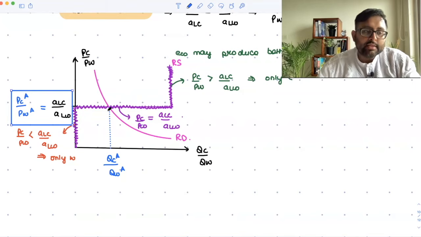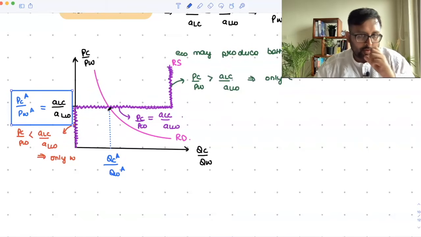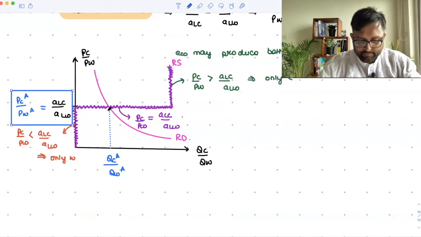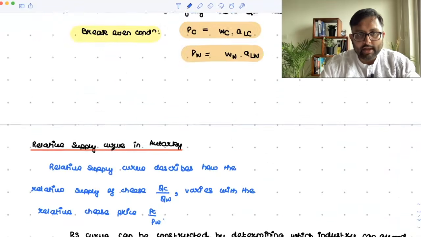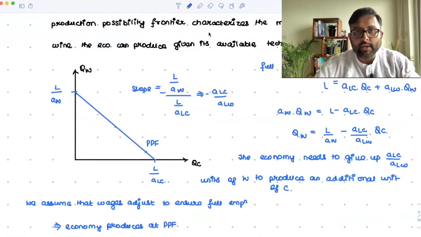The prices also have to ensure that the wages are equal in both the industries, right? So the moment I have QC by QW here, I can actually read this QC by QW in this diagram.